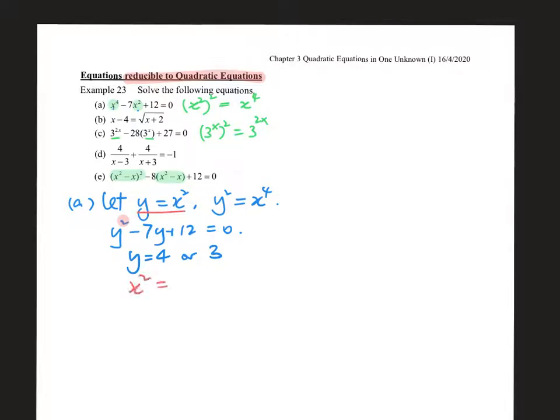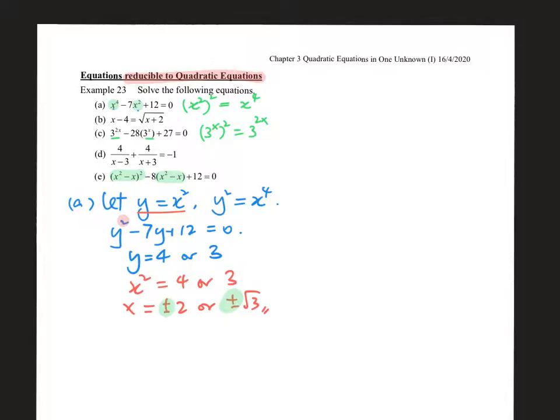So we go back: x squared is 4 or 3, which gives you x is plus or minus 2, or plus or minus root 3. The only thing you have to note is that sometimes we will be taking square roots, so the answer will be in terms of plus or minus. That's the situation of part A.